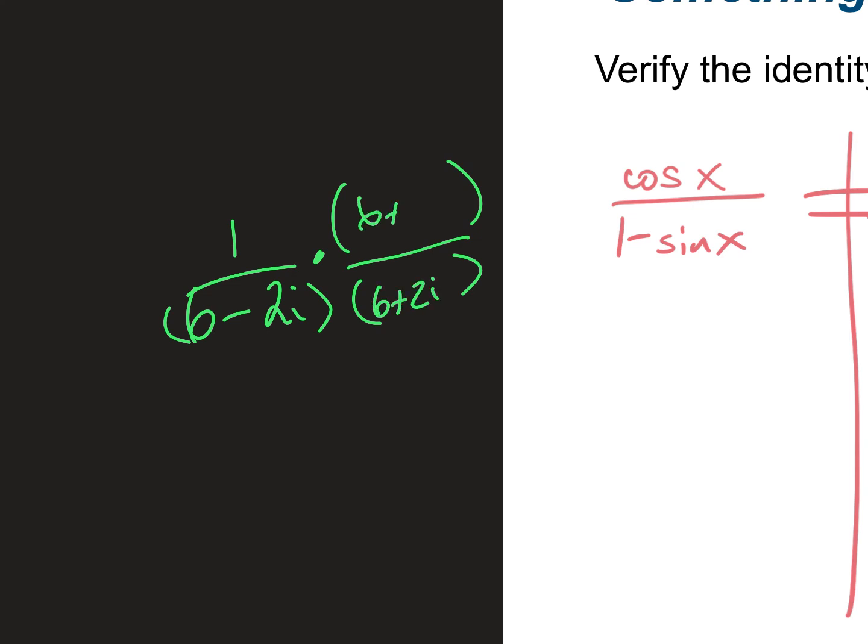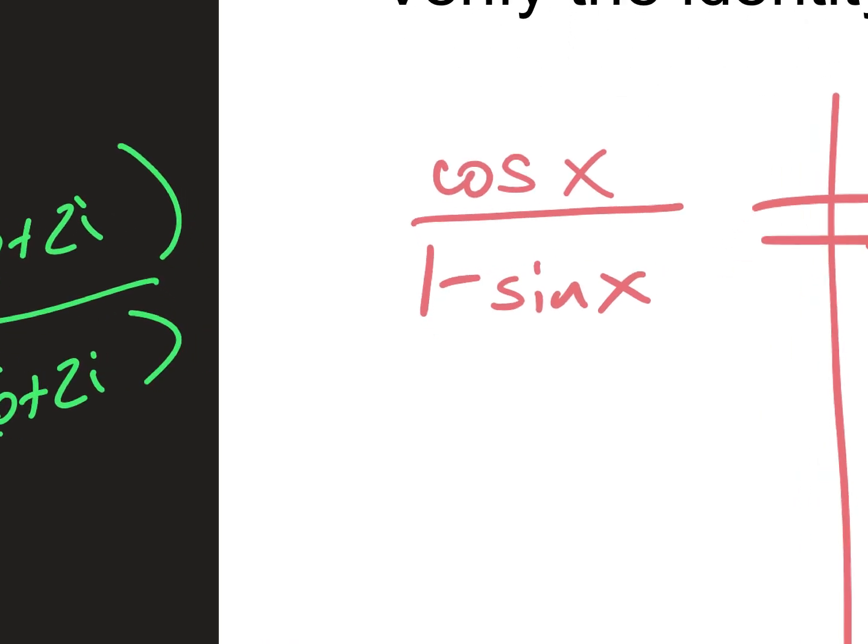Remember, we multiplied by the conjugate, and then when we FOILed it out, it's the difference of perfect squares, so the i's would cancel. Same concept here. Whenever you start off with a denominator that has 1 minus or 1 plus, and the trig function is to the first power, if this was squared, it's a different story, but it's not. Multiply by the conjugate, and you'll see why in a second.